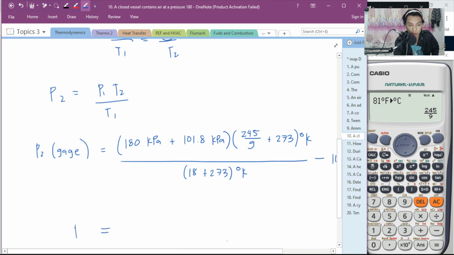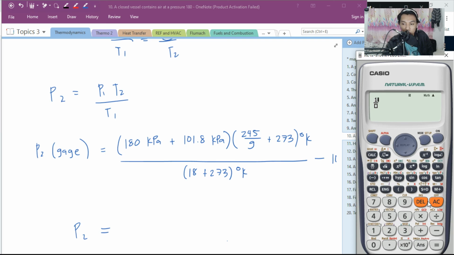So, P2 in gauge is 180 plus 101.8, multiplied by 245 divided by 9 plus 273, over 18 plus 273, and then minus 101.8 para maging kPag.